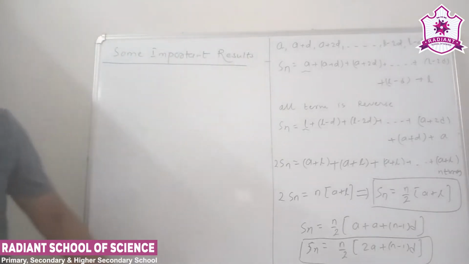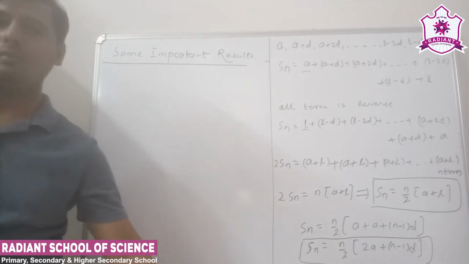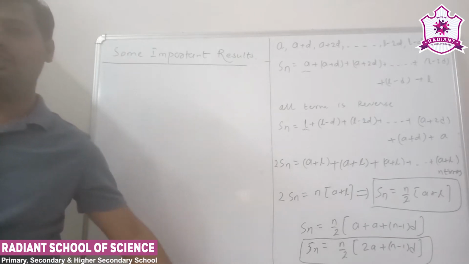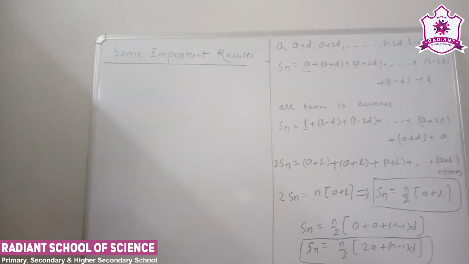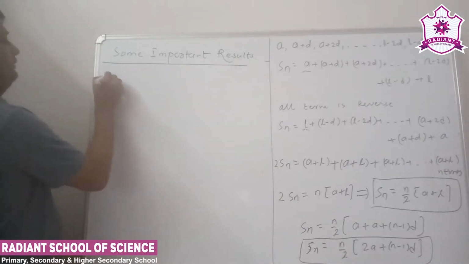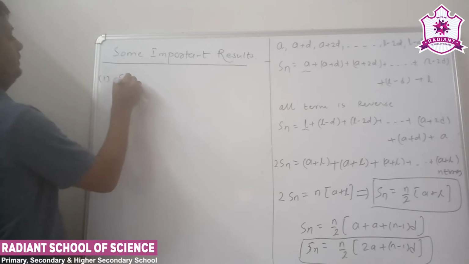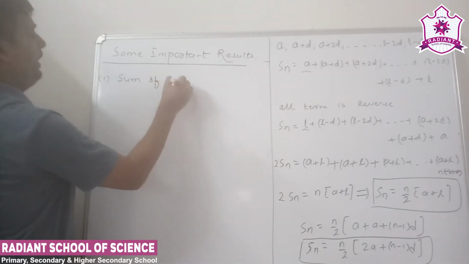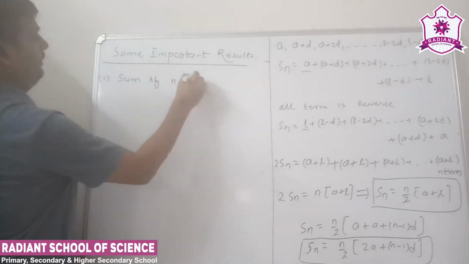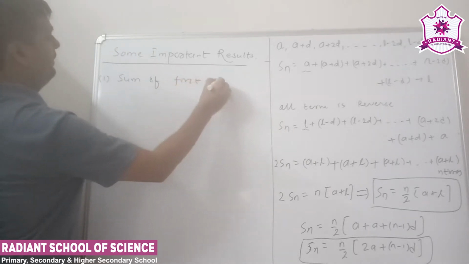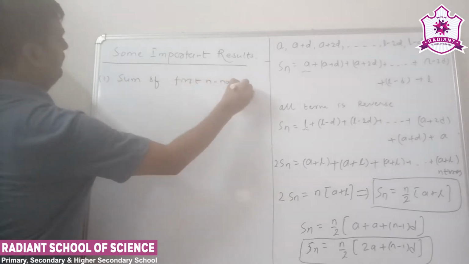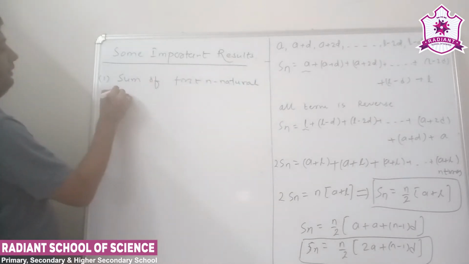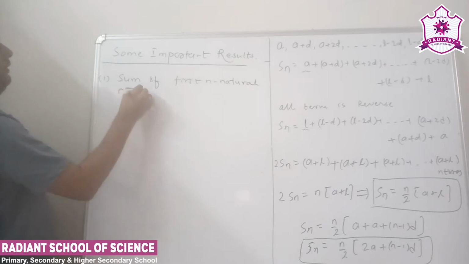Here are some important results. Sum of n terms. First, the sum of the first n natural numbers.